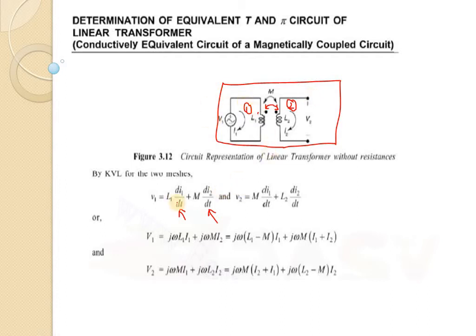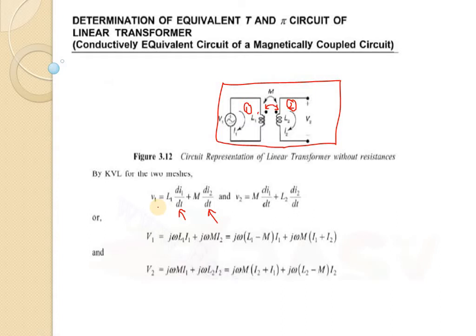So our equation becomes E1 equals L di1/dt plus M di2/dt. Similarly, applying KVL to our second loop, our equation will be V2 equals M di1/dt, because the mutually induced EMF is created by the current of the adjacent coil I1, plus L2 di2/dt.